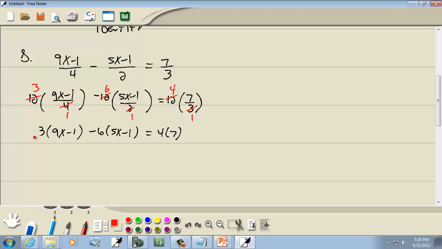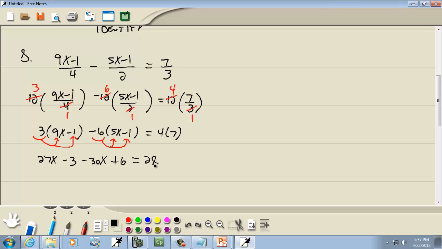Well, I'll use the distributive property over here. We're going to take 3 times 9x and 3 times negative 1, and also negative 6 times 5x and negative 6 times negative 1. Well, 3 times 9x is 27x. 3 times negative 1 is negative 3. Negative 6 times 5x is negative 30x. Negative 6 times negative 1 is a positive 6.